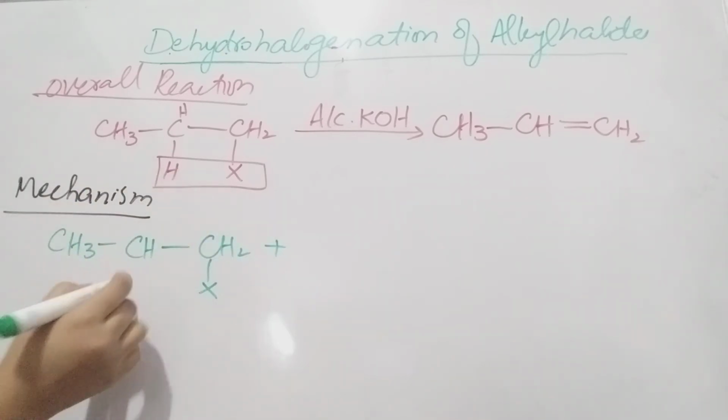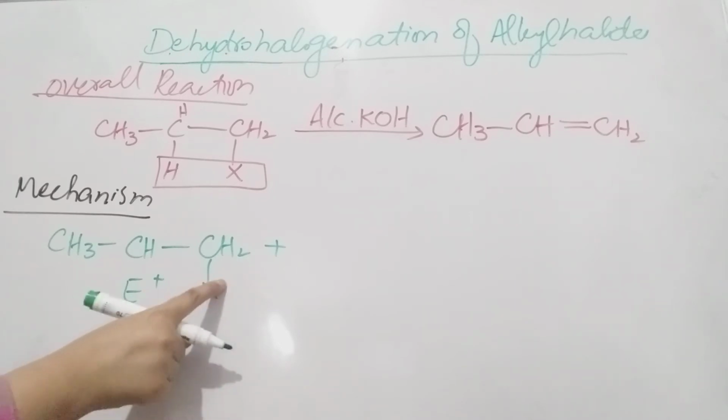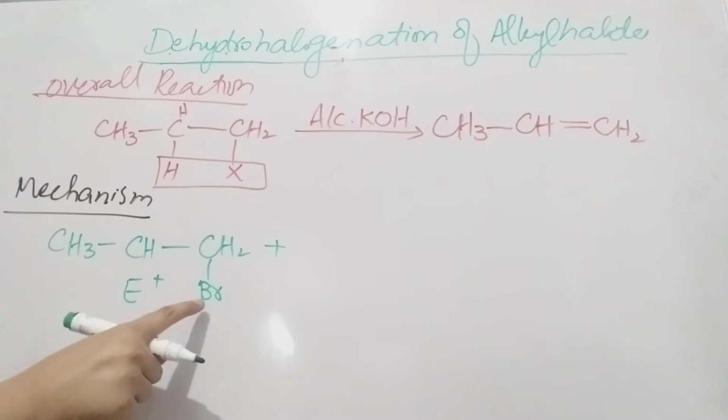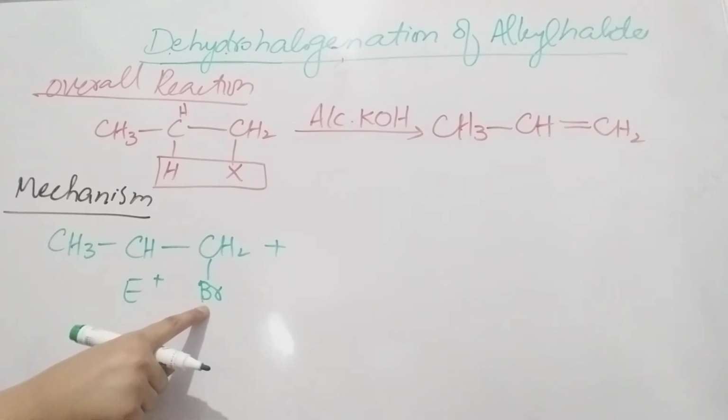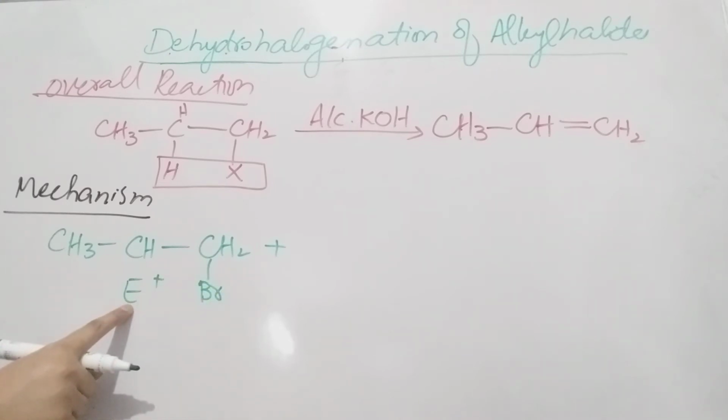As you can see, this carbon is an electrophile, because if the halogen is, let me take bromine for example, it is not on the attacking side, since it is not carrying a full negative charge. Therefore it is considered an electrophilic center.